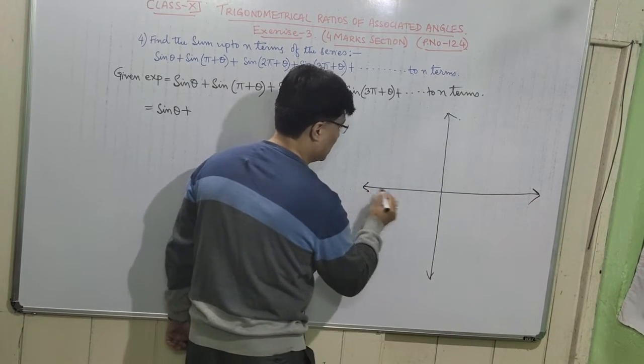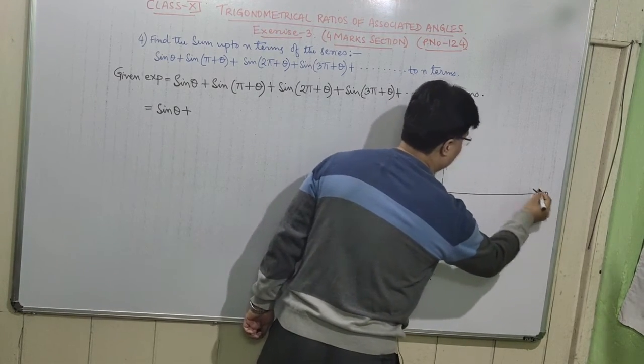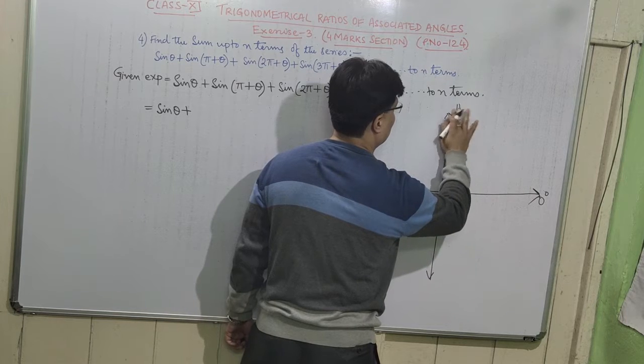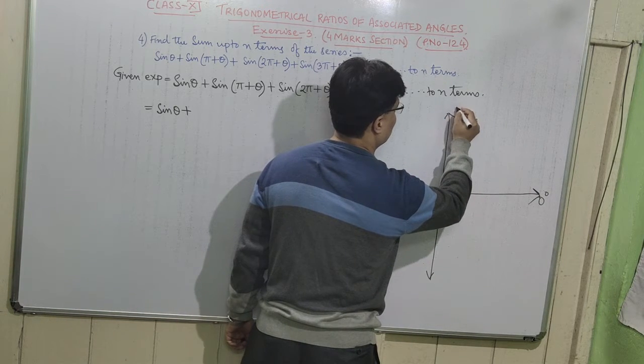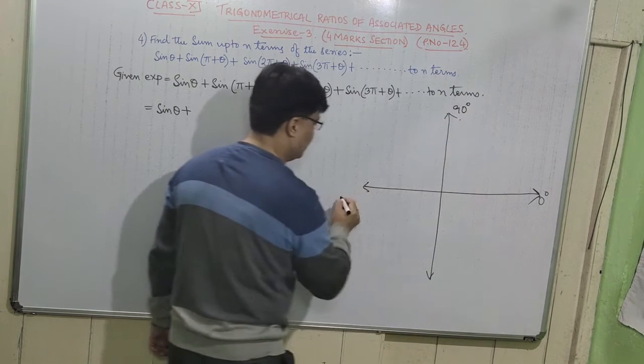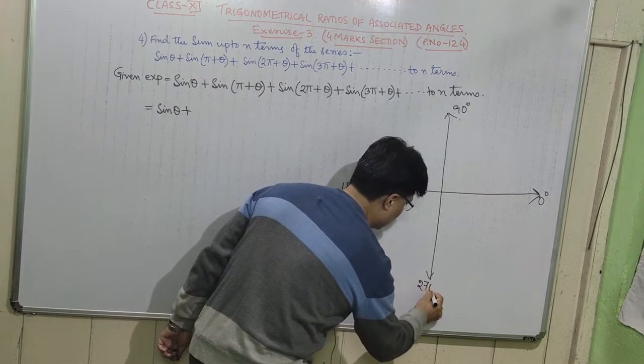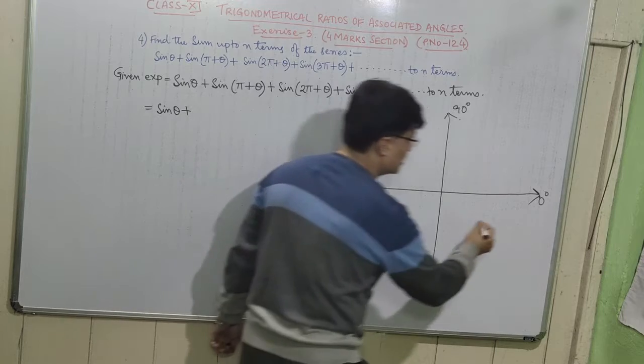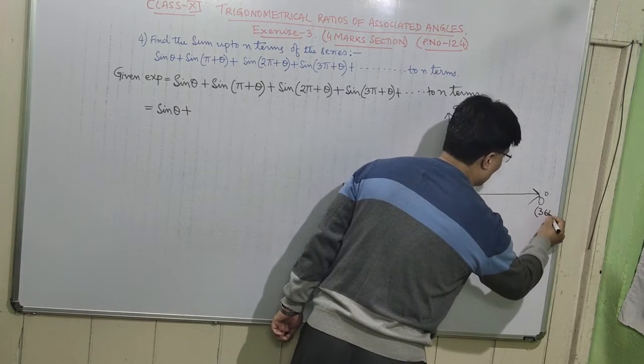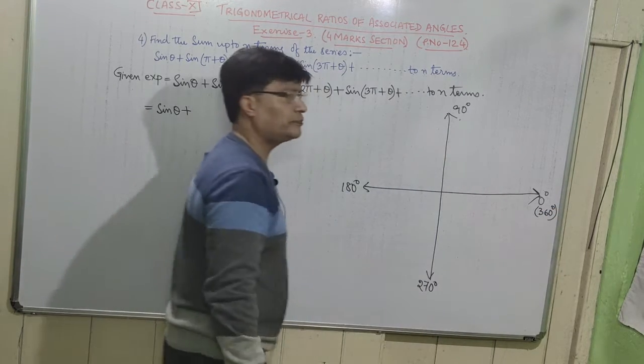Here, this is your 0 degree. This is 90 degree. This is 180. This is 270 degree. And 360 degree will coincide with 0 degree, right?